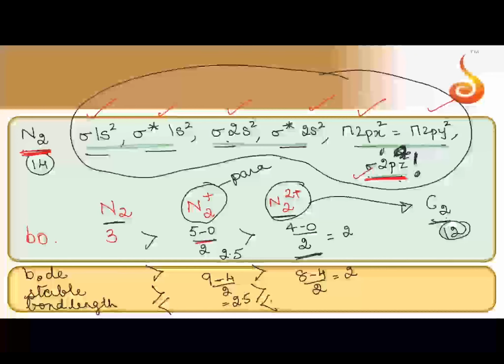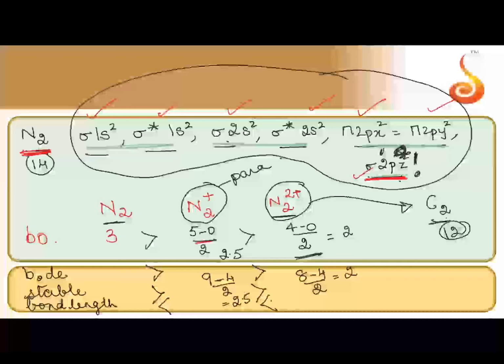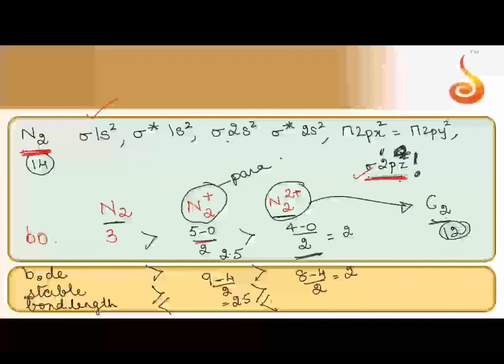Now I want to tell you one unique thing about this C2 molecule, even the N2 2 plus molecule. What is that unique thing? First of all, let me write its configuration correctly. When I'm writing the C2 molecule, I have only till here, right?